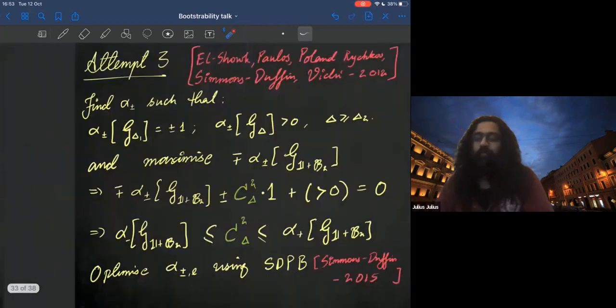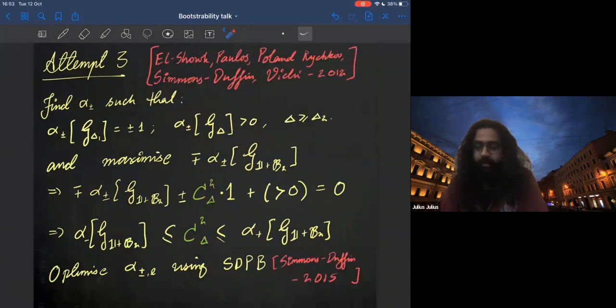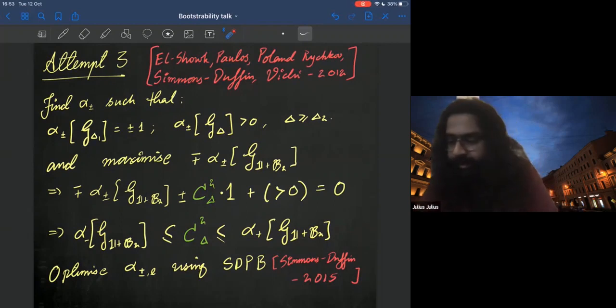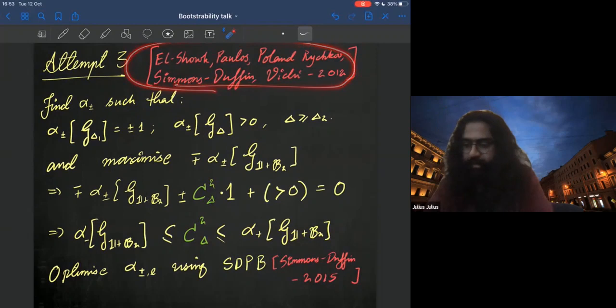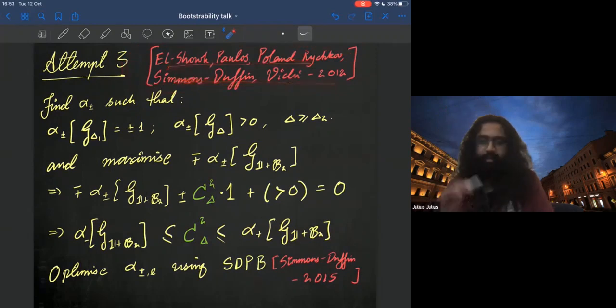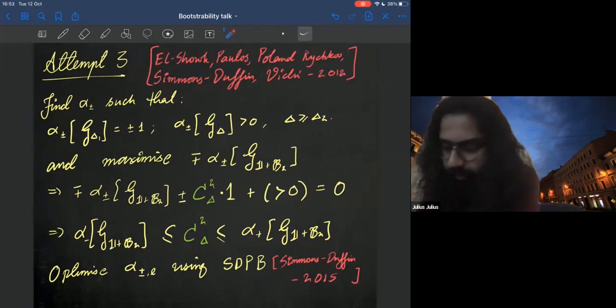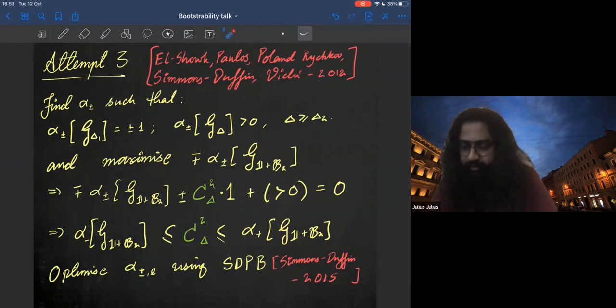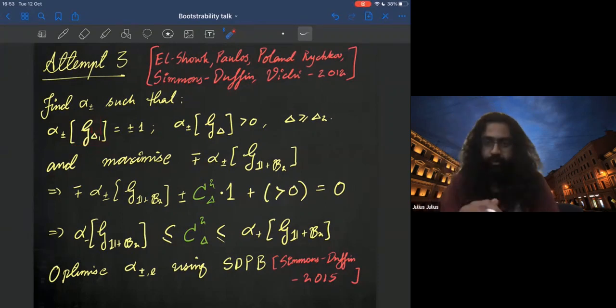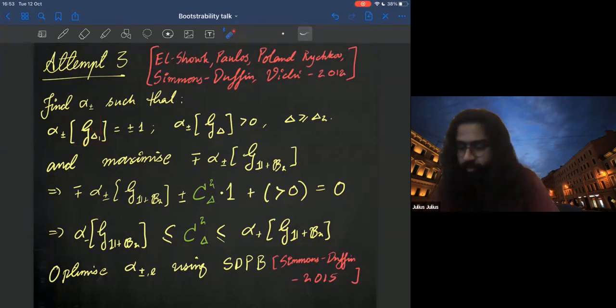So then we made a third attempt. The third attempt was to use more traditional numerical bootstrap techniques, which have been developed by the bootstrap community, by these authors and many, many other people. So here, what we want to do is find two functionals, alpha plus and alpha minus, where one of them gives +1 on the state whose OPE coefficient we're interested in, and one of them gives -1.